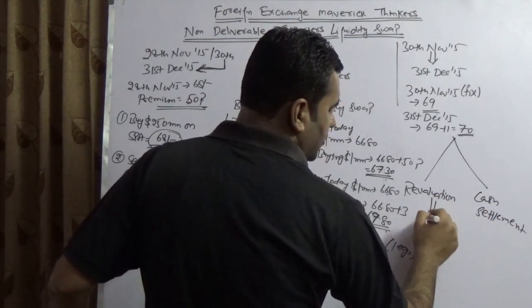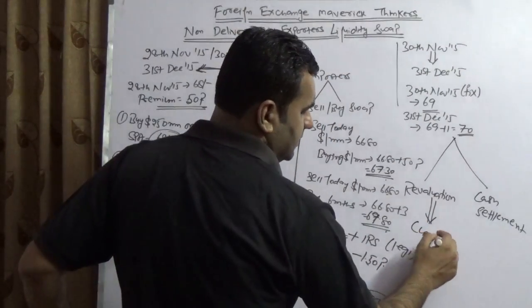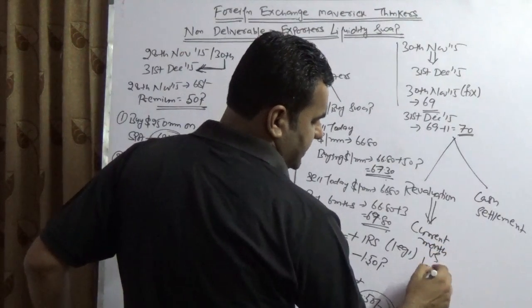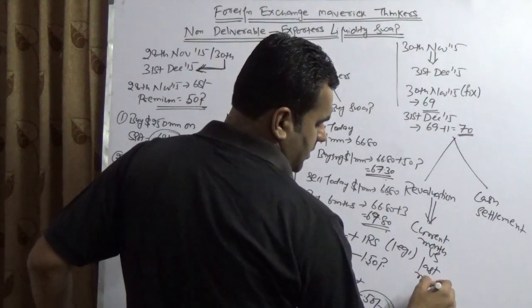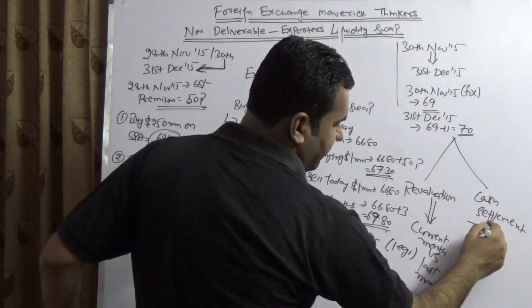Revaluation impact is going to be calculated by the books, which is nothing but current month versus last month. Cash settlement we already told you here: minus 50 paisa.